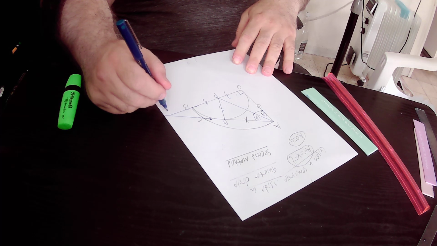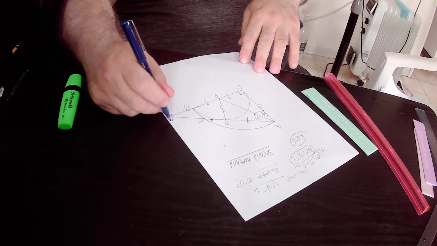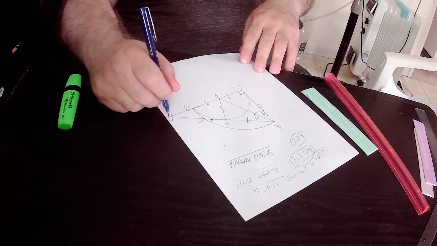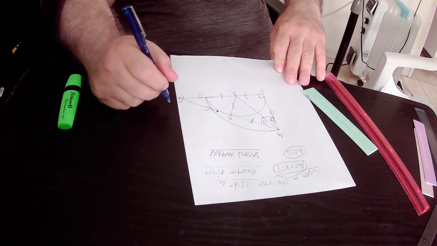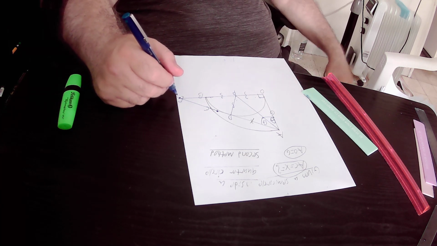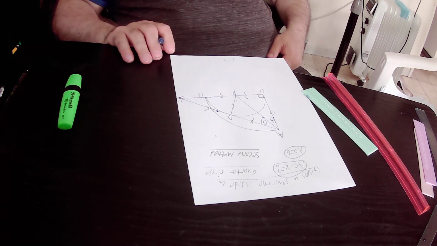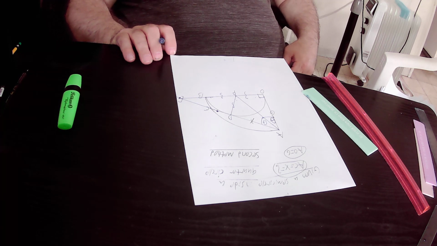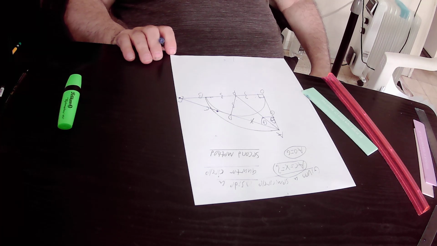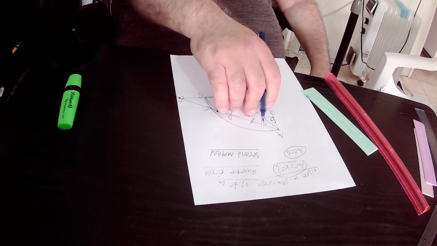We will define the intersection point between the extended AC and the extended OB as point E. So in this way, by extending those two line segments, we created the right triangle, triangle AOE.